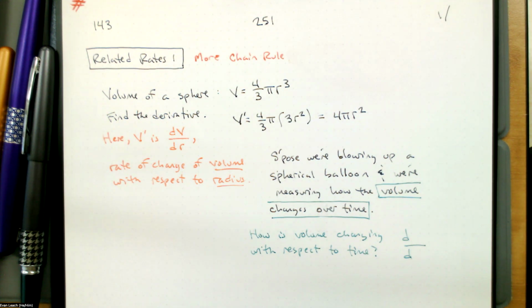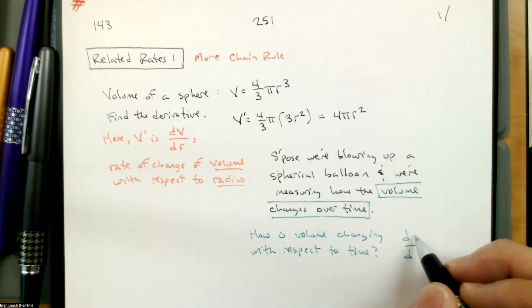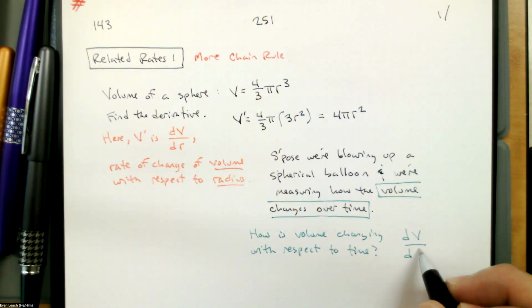When we think about this in terms of derivatives, the numerator is what's changing, and the denominator is how we're measuring that change, over what we are measuring that change. Here, we are changing the volume with respect to time.